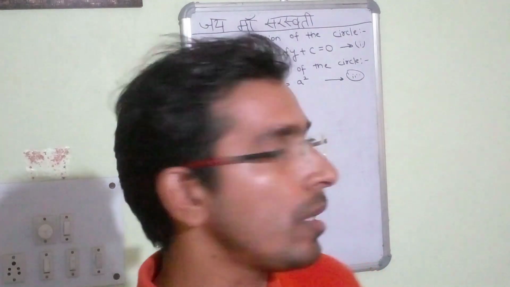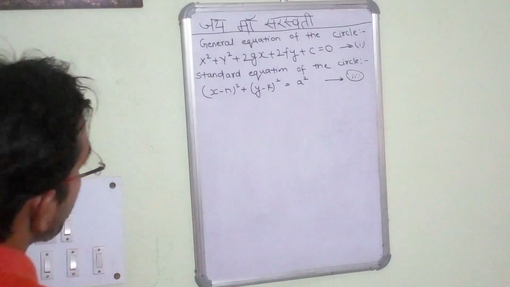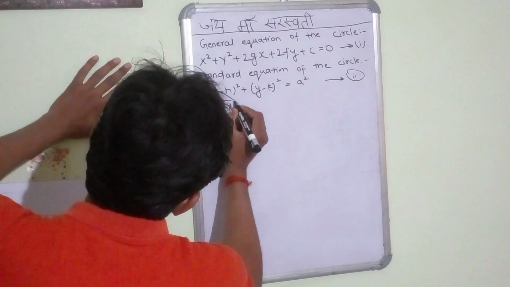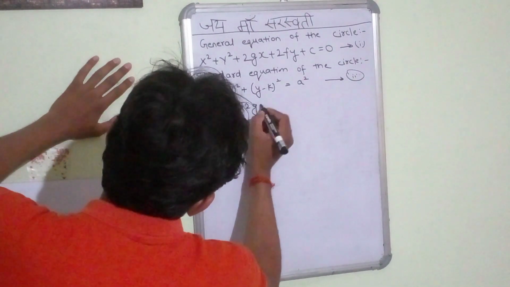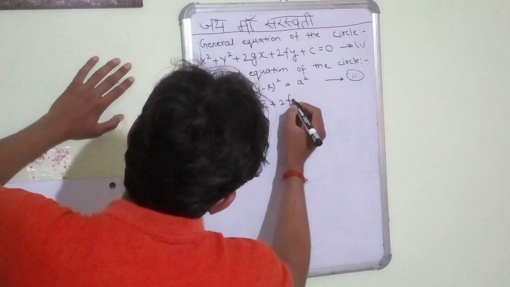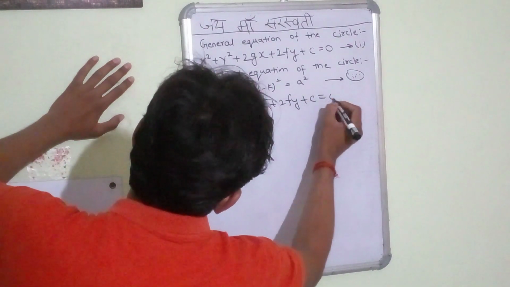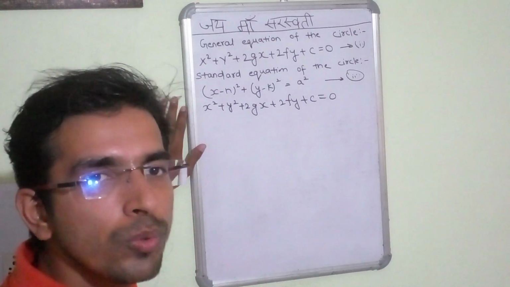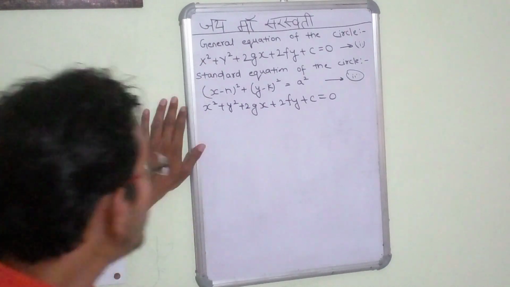Now we will see how this equation takes the form of the standard equation of the circle. So we will derive that. First we write x square plus y square plus 2gx plus 2fy plus c is equal to 0.